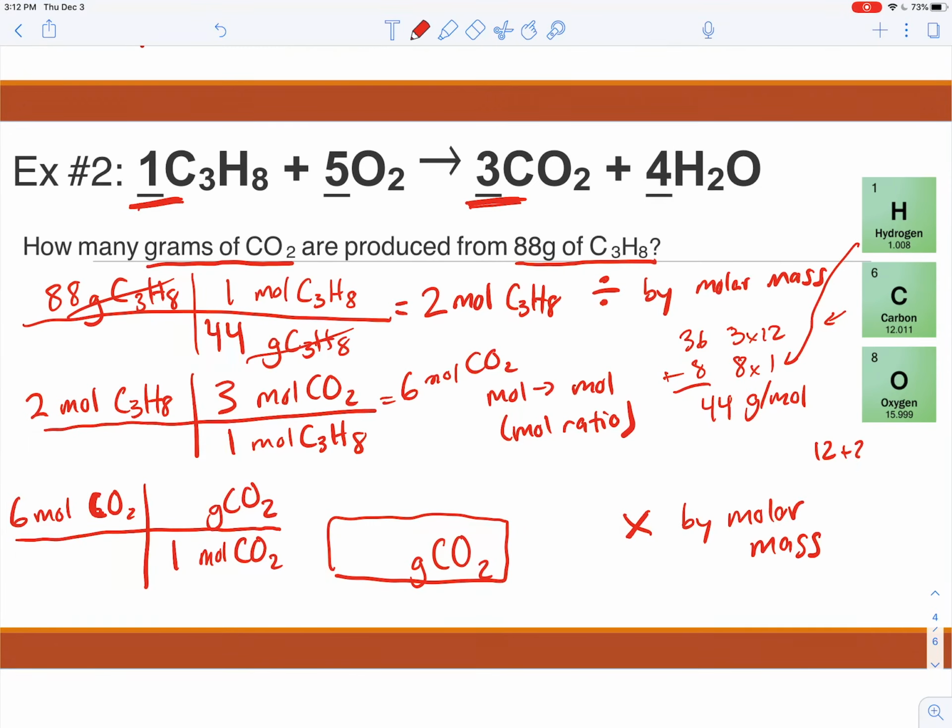So that's going to be 1 carbon, which is 12, plus 2 times 16 together. That's going to be 12 plus 32, or 44 grams per mole for CO2. And so that number is going to go all the way over here into the top. 6 times 44. And I get 264 grams of carbon dioxide.